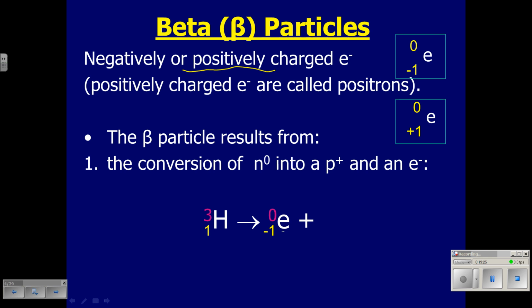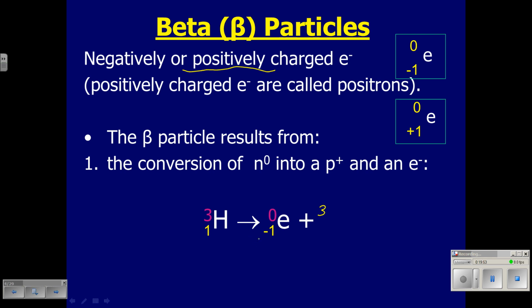We thought electrons only existed in orbit, but they can actually be ejected from the nucleus. If we do the math, I need the mass to be the same as it was at the beginning. So the mass is still 3. And my charge has to be conserved as well. It can't just disappear.